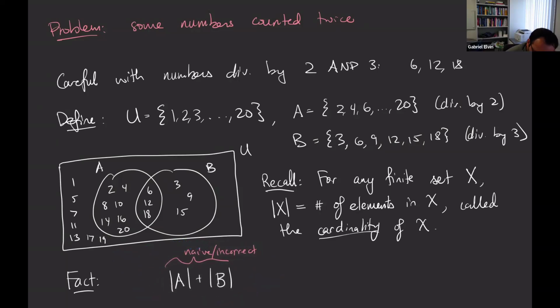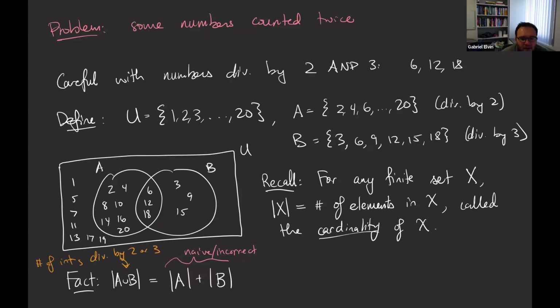We're counting the number of things in the union. The size of A union B, the cardinality, is the number of integers divisible by 2 or 3. Union and or go hand in hand.